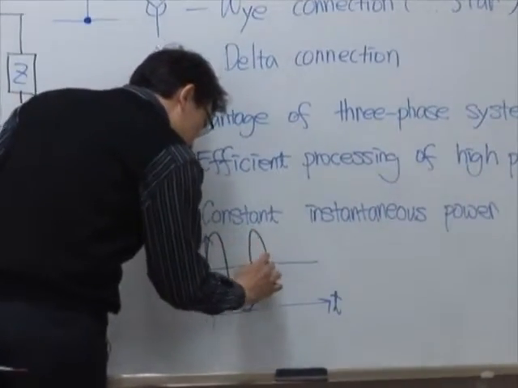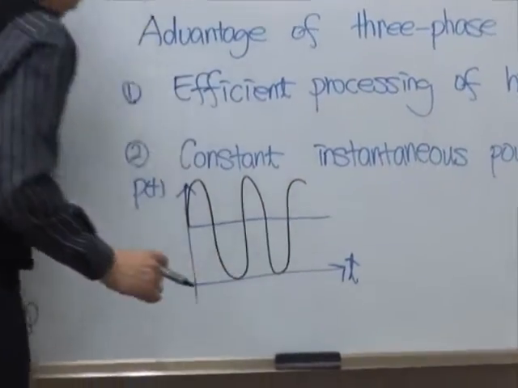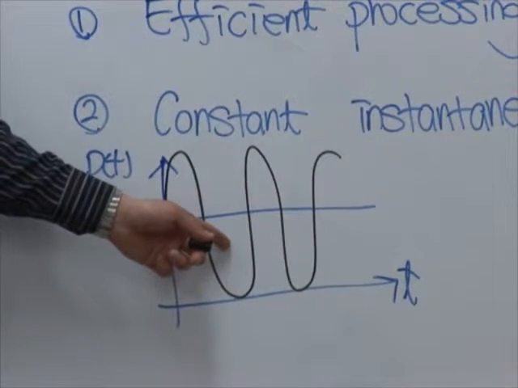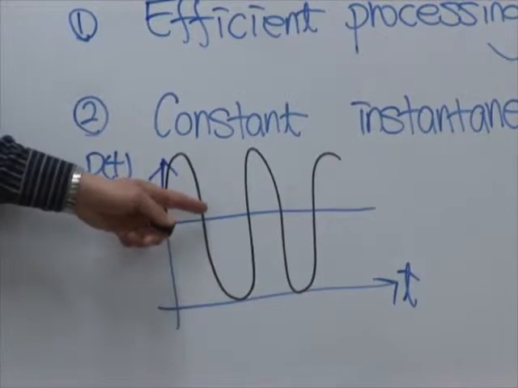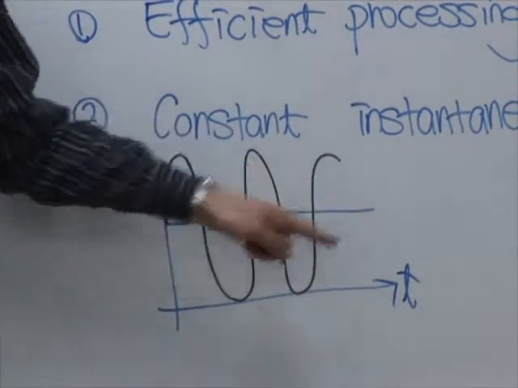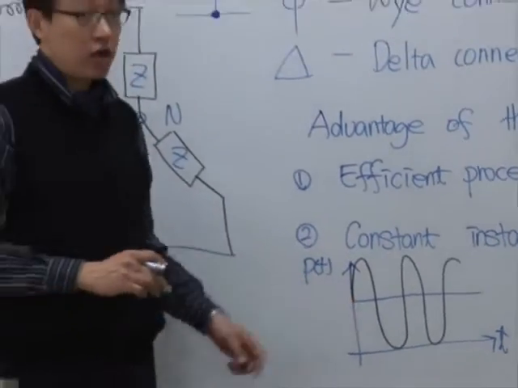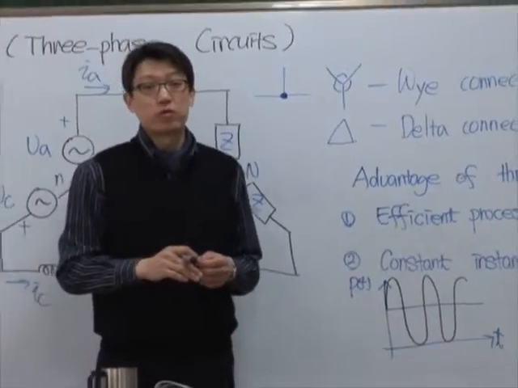Right? This black one, my drawing is not so correct, but the black one is about the single-phase case. Now the three-phase case is a constant value. It has no ripples.